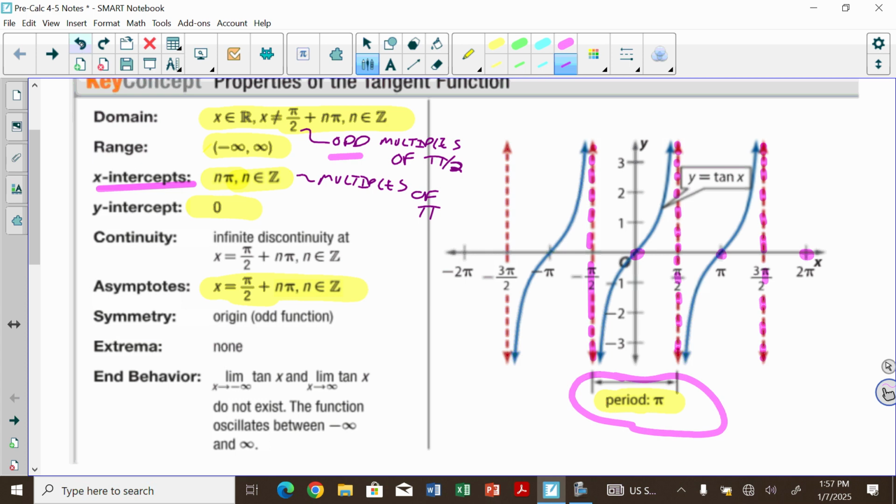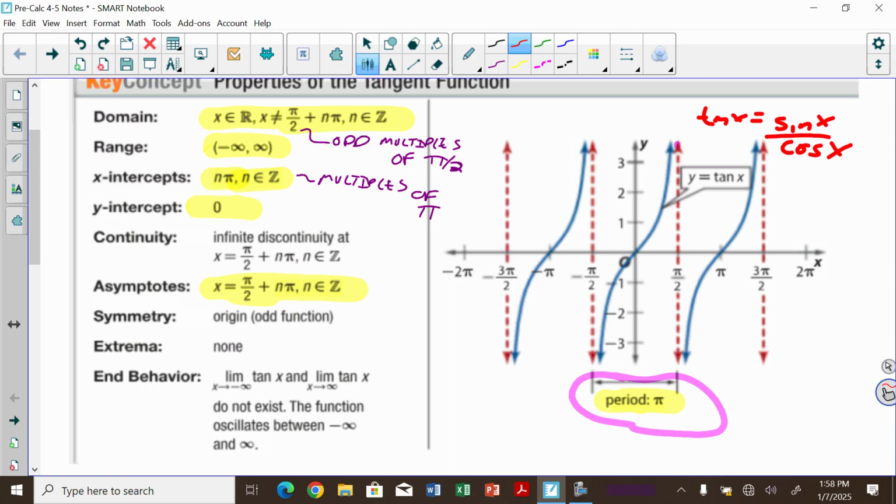Now the asymptotes are there for a reason. You don't have to write this part down, but remember that the tangent of x is equal to the sine of x over cosine of x.